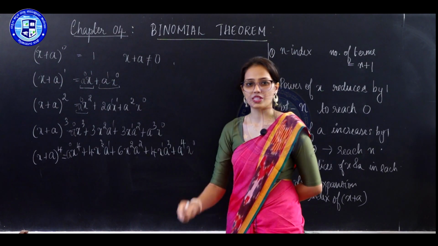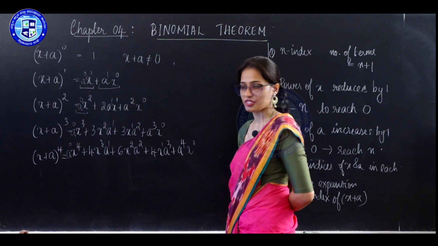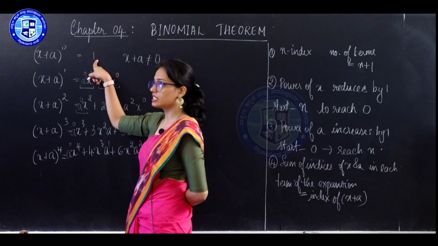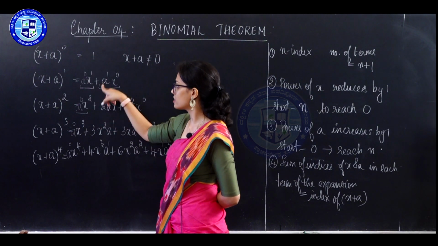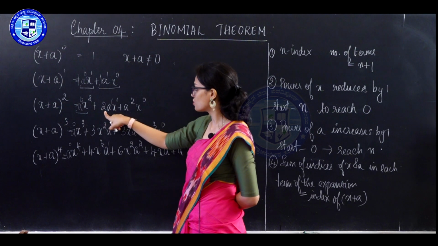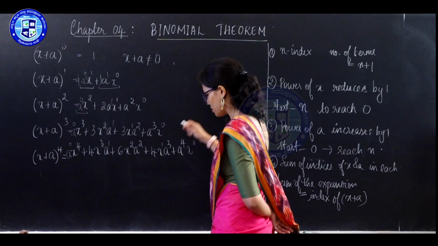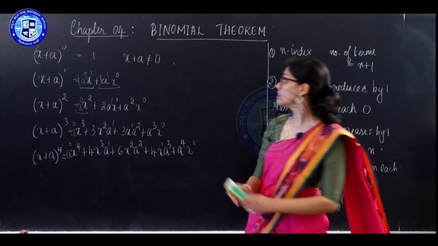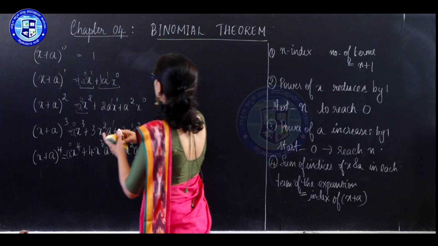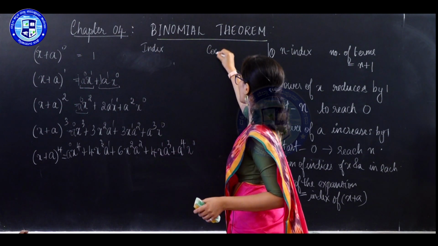That leaves us with the last and final observation, the coefficients. The coefficient here is 1, coefficients here are 1 and 1, coefficients here are 1, 2, 1. So let us make a note of the coefficients. Let us take the index and the coefficients.